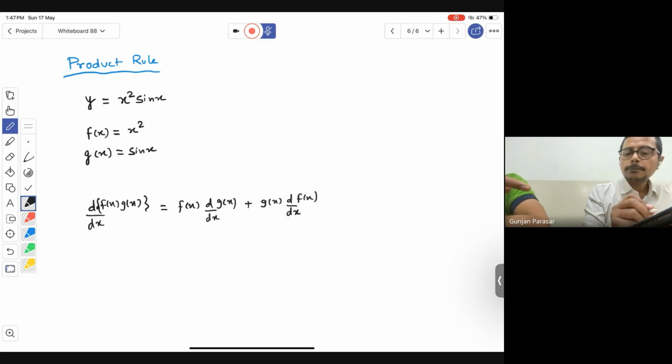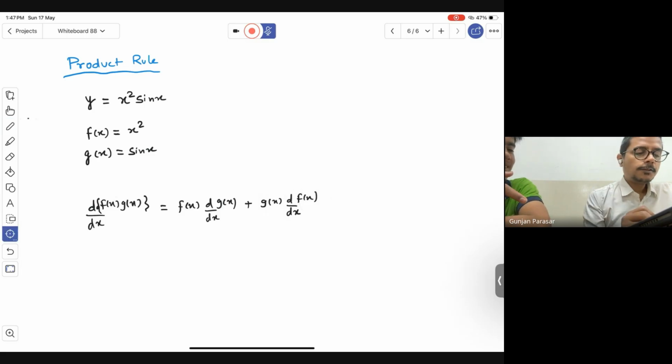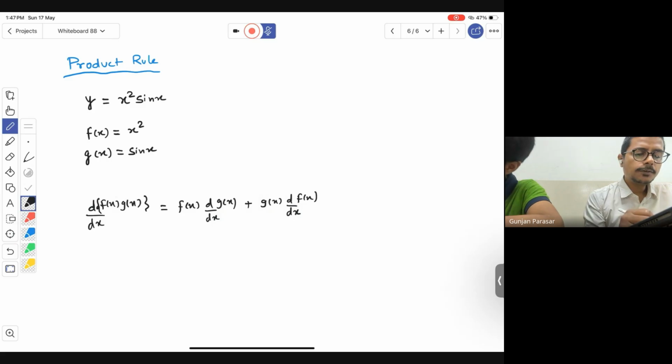We have the f of x, g of x product inside the operator. At a time you take one guy inside. Send f of x outside, g of x remains inside. It means you multiply f of x with the differentiation of g of x, and then reverse, g of x into the differentiation of f of x. Clear now?